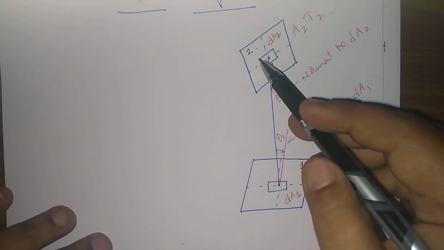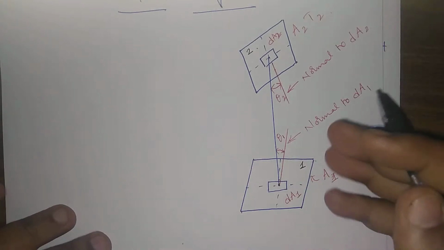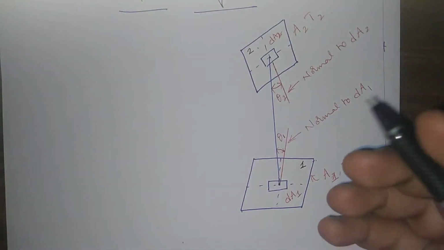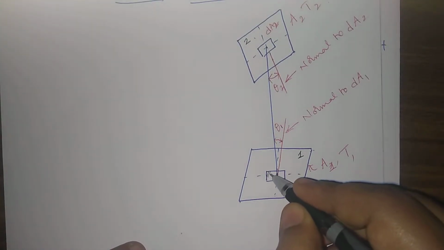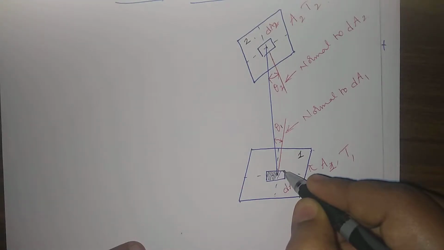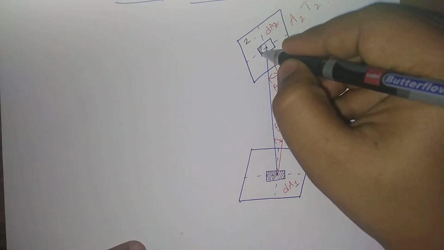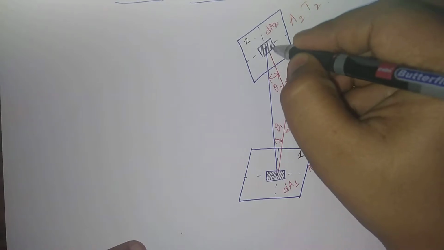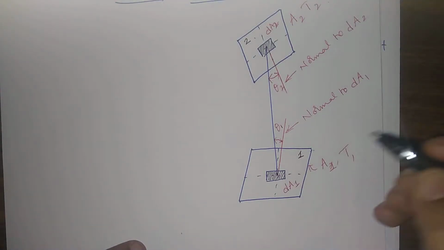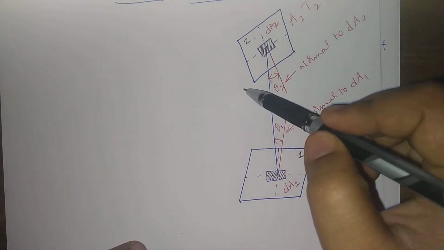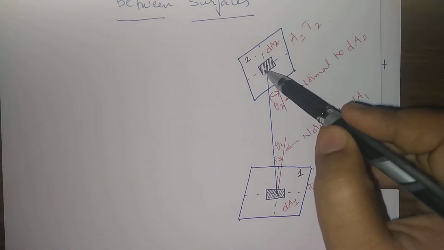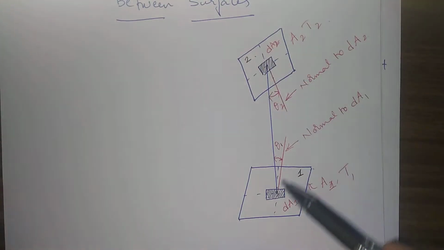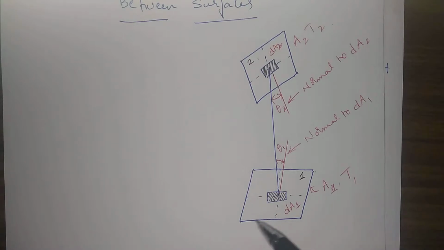In this body 1 and body 2, which are oriented in certain directions, I have taken a small differential area dA1 and dA2. Are you able to understand? In this area A2, I have taken a small differential area dA2. Similarly, in this bigger A1, I have taken a small differential area dA1.